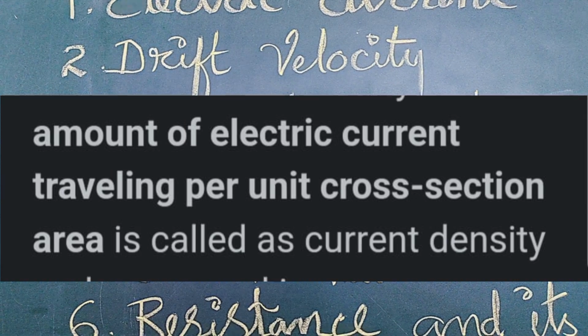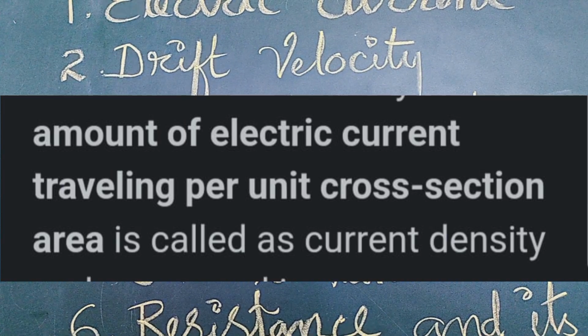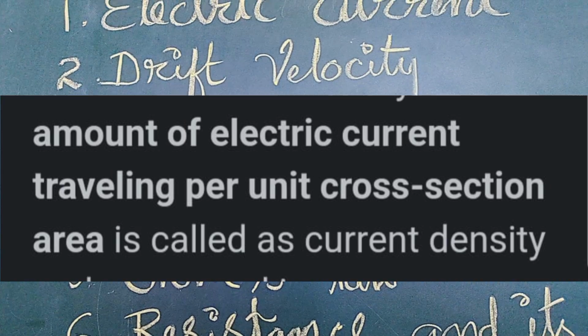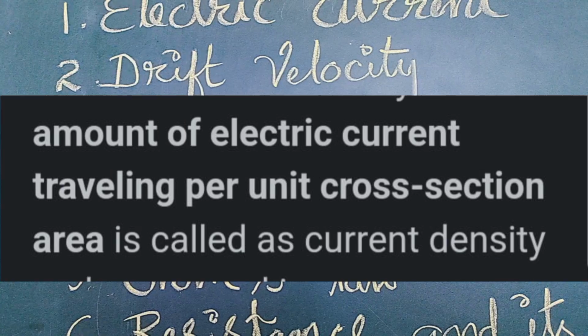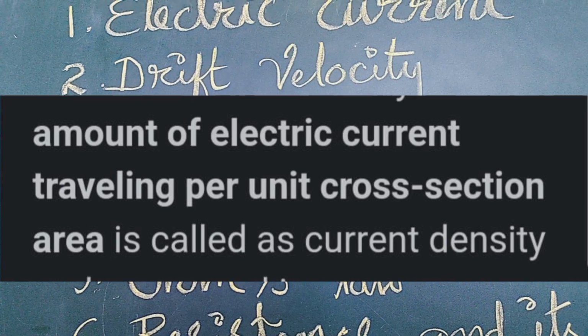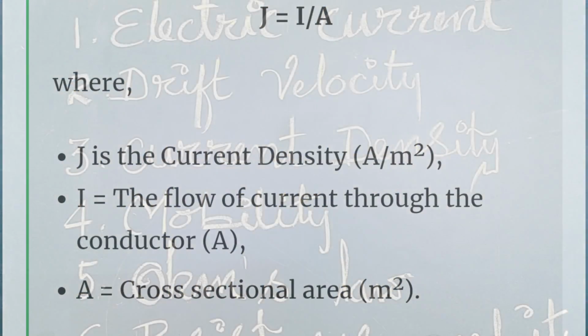On some occasions the amount will be low, on some occasions more, like low voltage and high voltage, as we regularly say in our houses. To calculate this, we have a simple formula: J is equal to I by A.